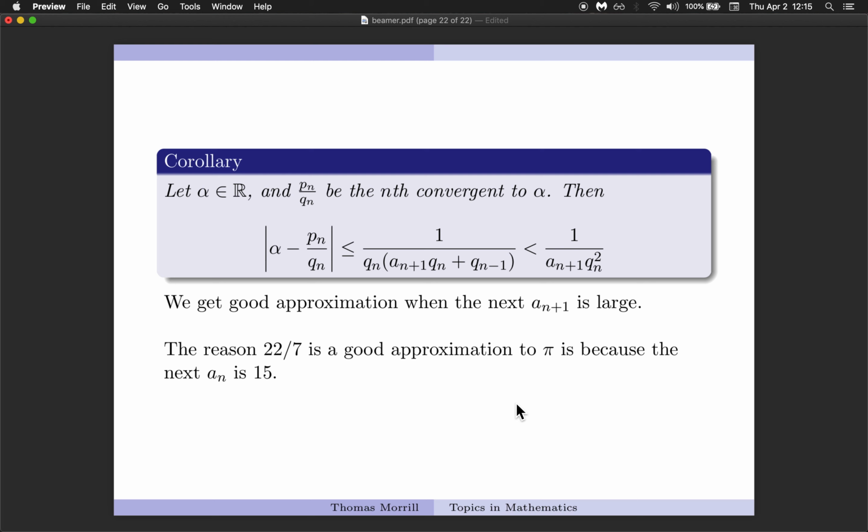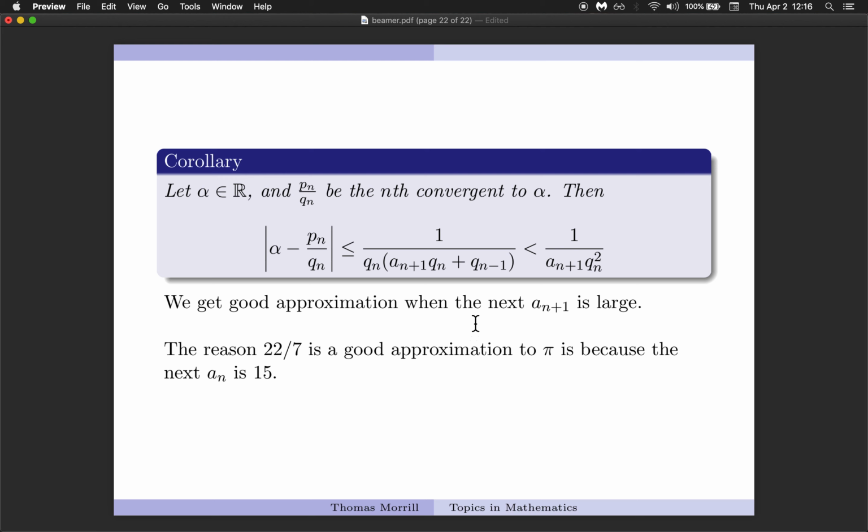Let's see how that impacts our approximation lemma from last chunk of this lecture. I said if I have some real number alpha, I have the nth convergent to alpha, then the difference between alpha and Pn on Qn is going to be less than or equal to this fraction. I said 1 on Qn times Qn plus 1.